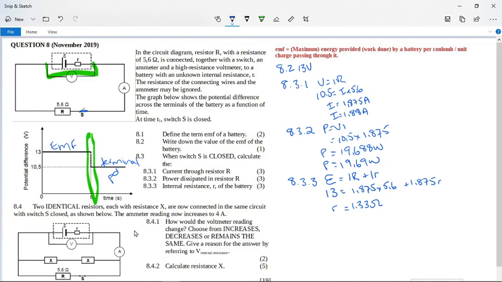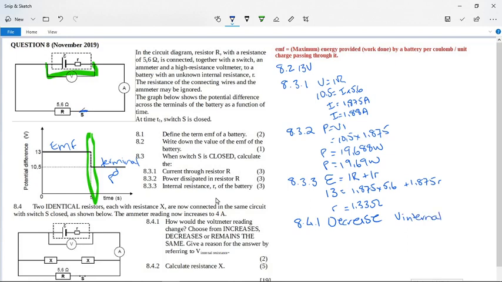So if the current has gone up from this 1,88 amps to 4 amps, that means we're losing more voltage. So the voltmeter reading is going to decrease, okay? It is decreasing because the current went up, and when the current went up, V internal increased.